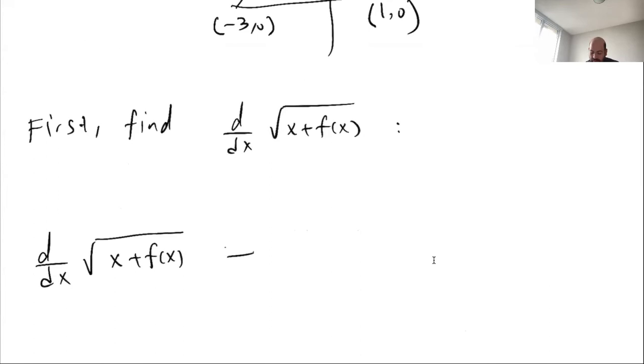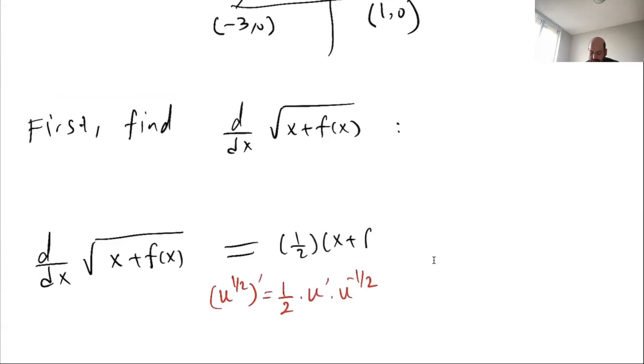Well, we have to use the derivative rule for u to the power 1/2. The derivative of u to the power 1/2 is 1/2 u prime times u to the power -1/2. So this is 1/2 times the derivative of x plus f of x, times x plus f of x to the power -1/2.